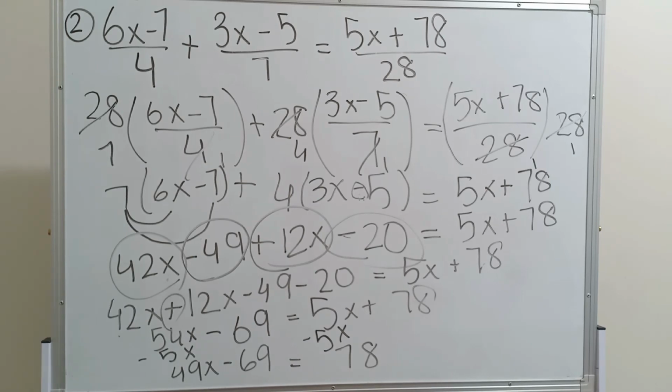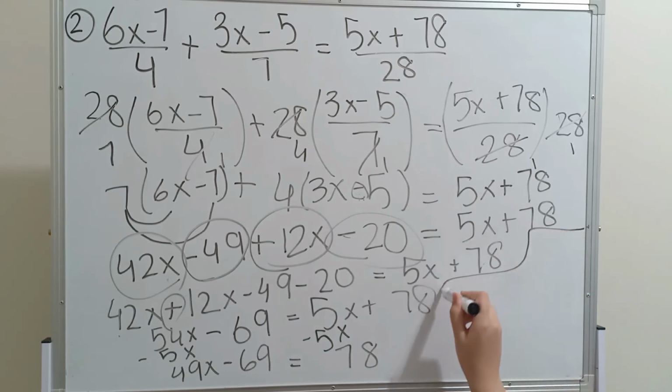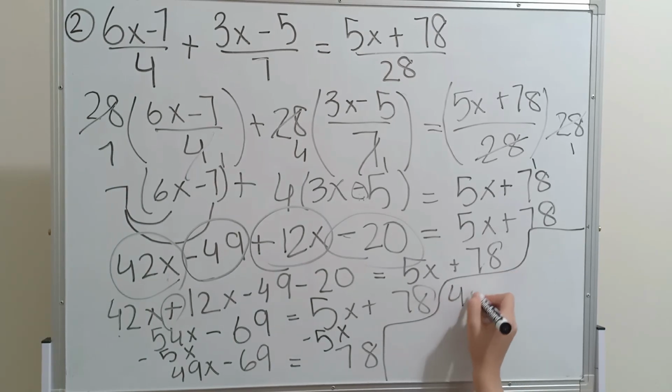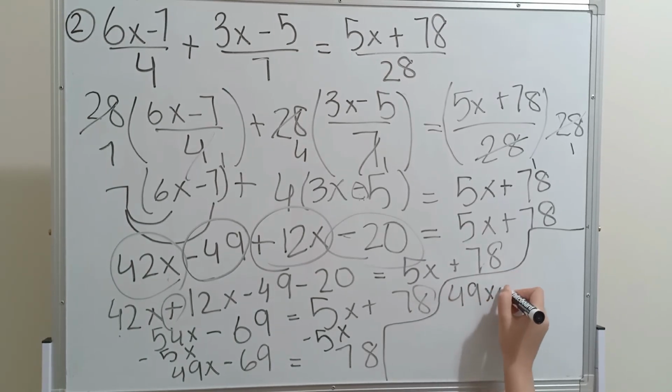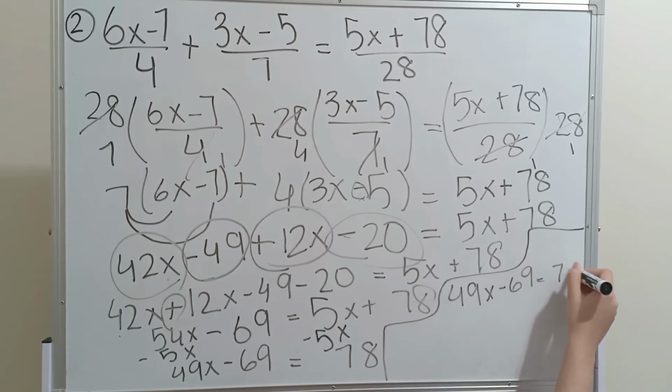So now I'm going to solve the rest of the equation that we have here. So we have 49x subtract 69 equals 78. So what we can do now is we are going to subtract negative 69. We're going to add 69 instead of that, and so we will get a 0 here.